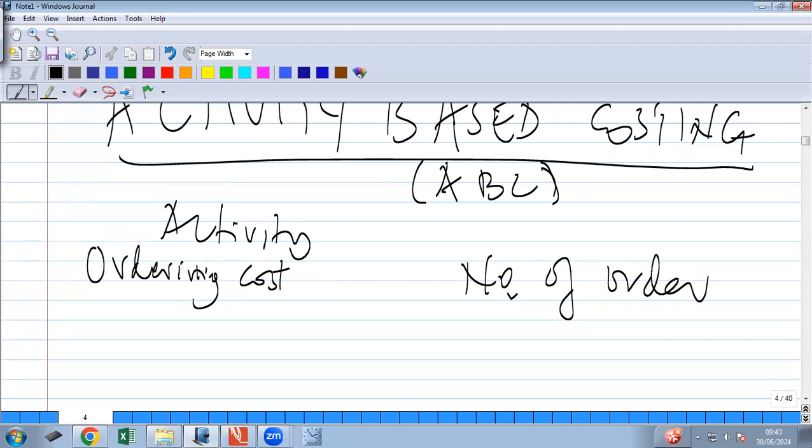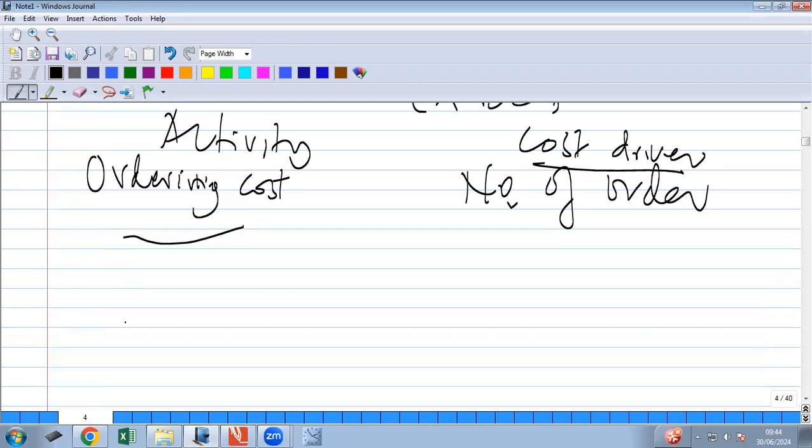The number of orders is a cost driver. It is a factor causing the ordering costs. We can write and say a cost driver is a factor which causes the costs of an activity.